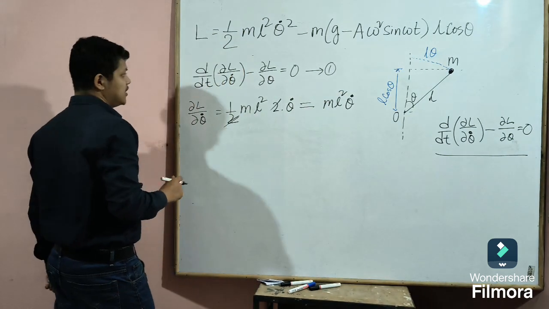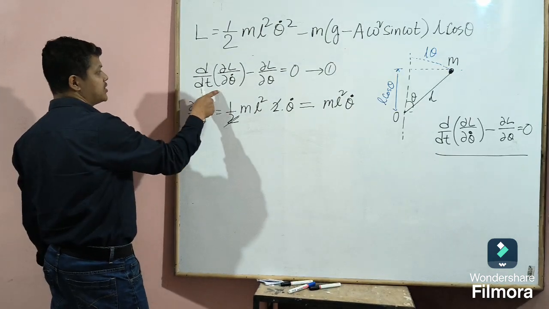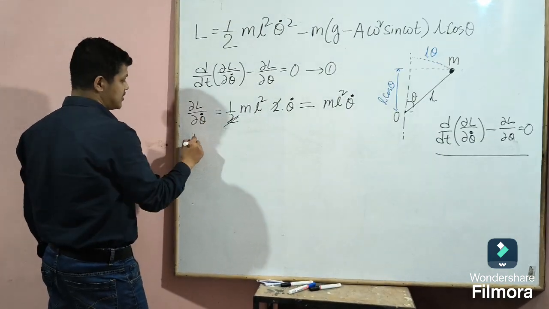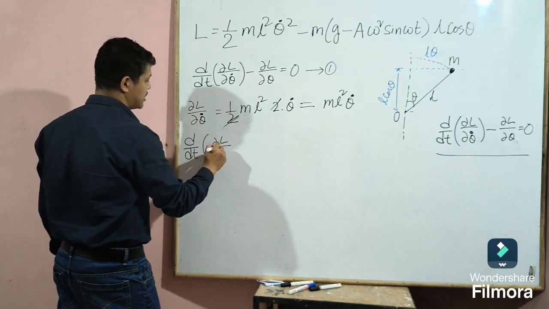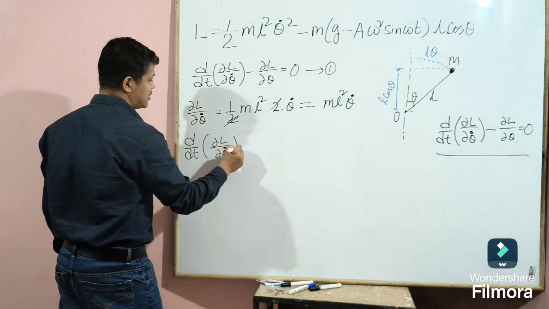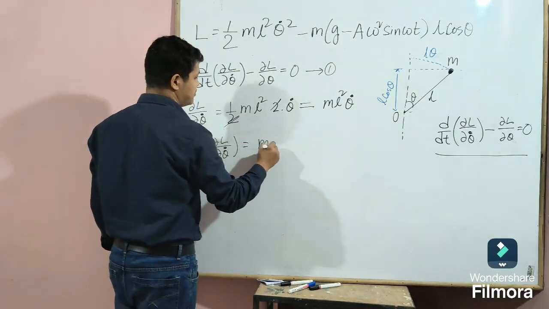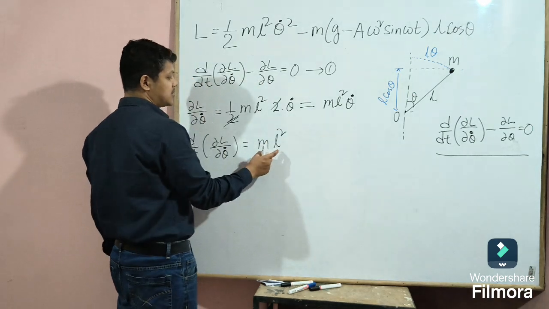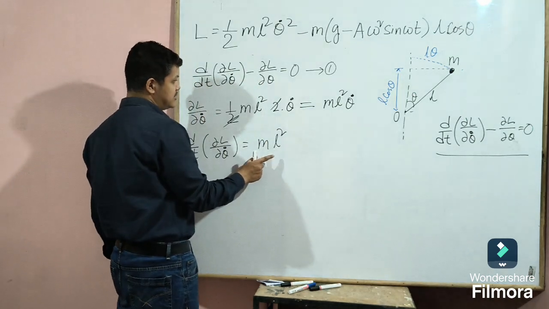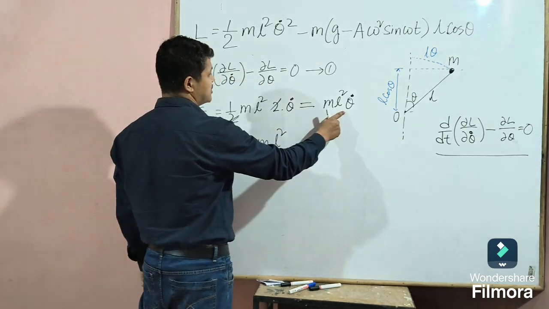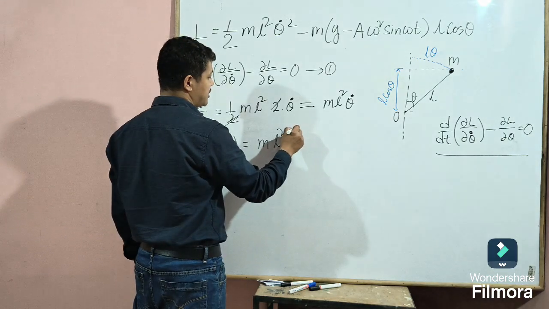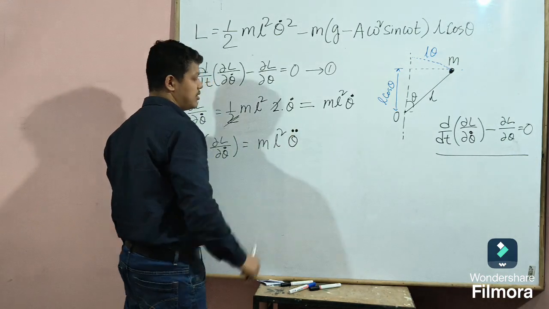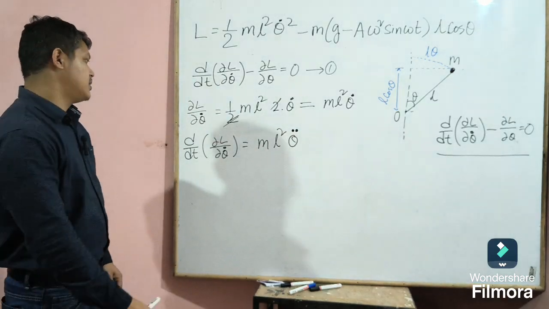Now if you find the time derivative of this, these terms are not variable, so only theta dot is differentiable. If you differentiate theta dot again with respect to time, you're gonna get theta double dot, right?